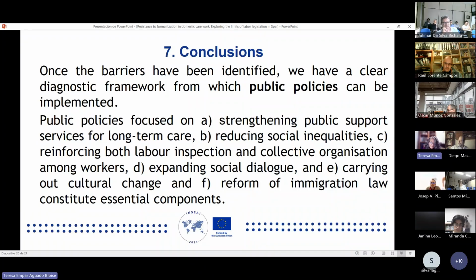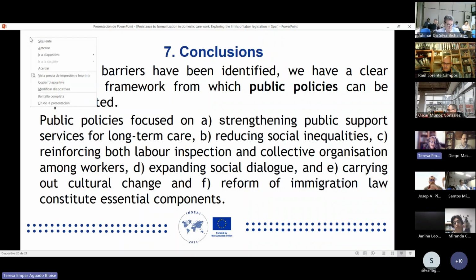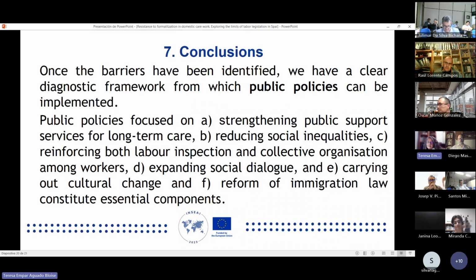Only a multidimensional strategy can ensure decent work for domestic and care workers in Spain. This concludes our presentation. Thank you very much for your attention.